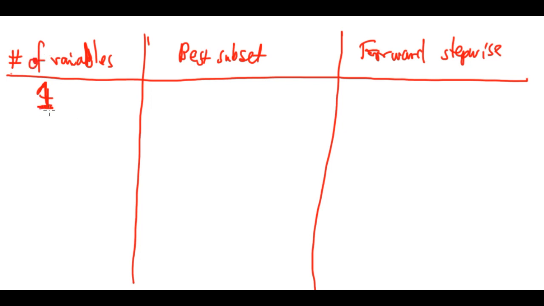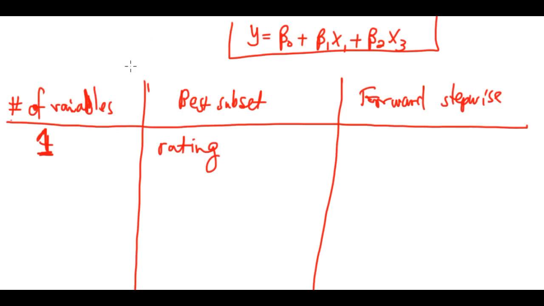So when we have one variable, the best one is going to be the best one to predict whether someone is going to default or not in the credit data set. In the credit data set that we have, the one that is going to predict default status is going to be rating.